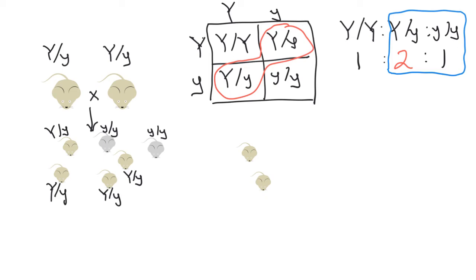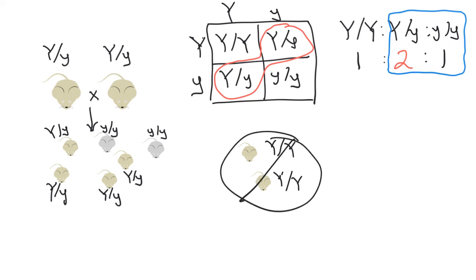So it turns out what's happening here is that individuals that are homozygous for this mutation that causes yellow coat color are lethal. Those individuals die before birth, so they never exist for us to observe and to genotype them to find out what their genotype is.